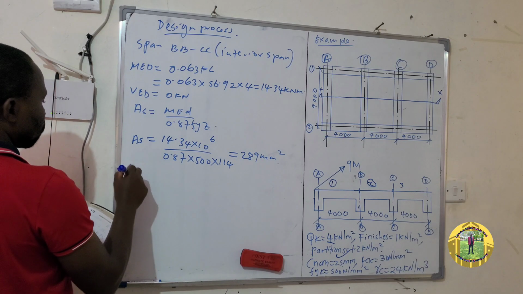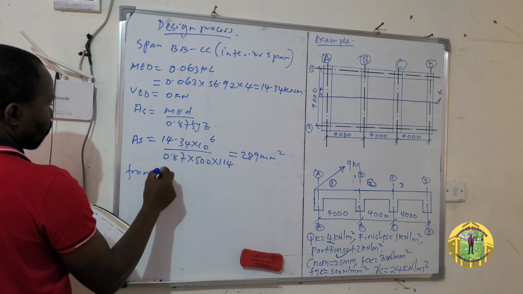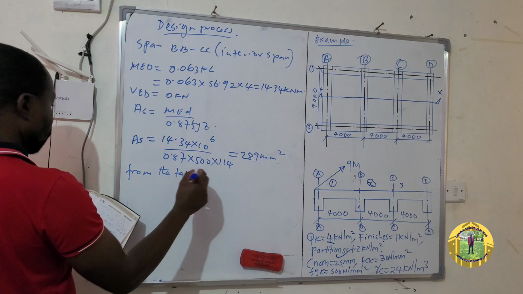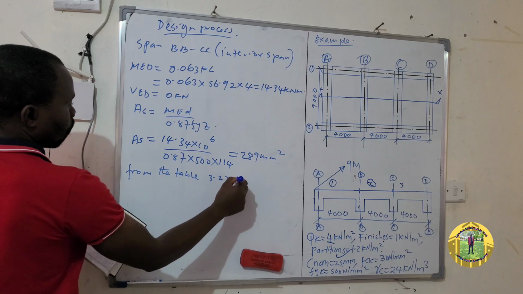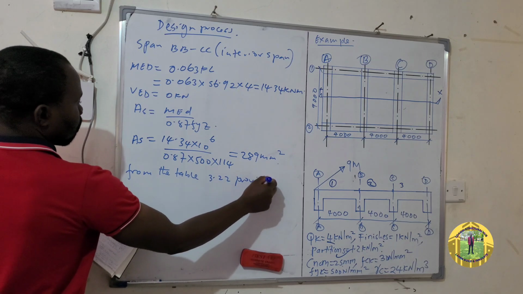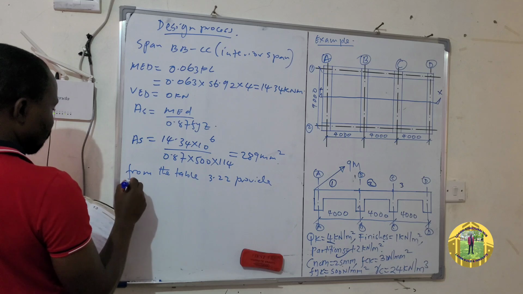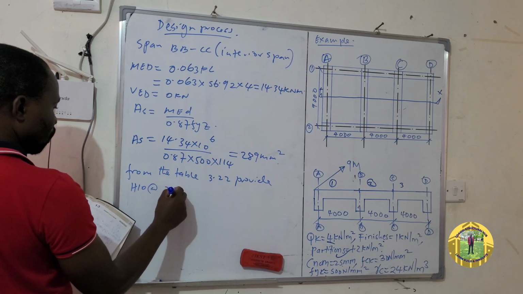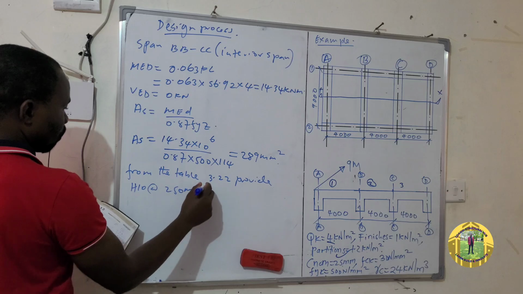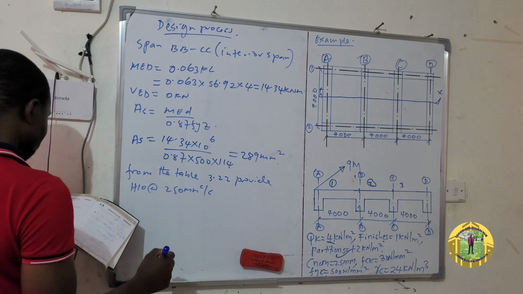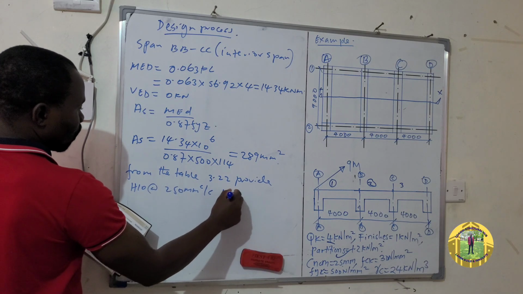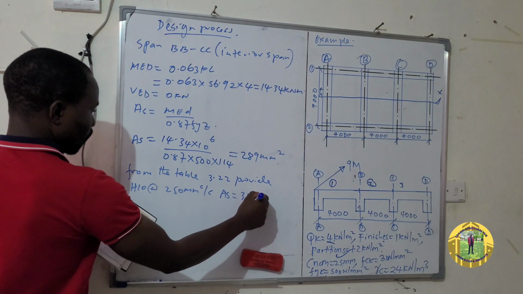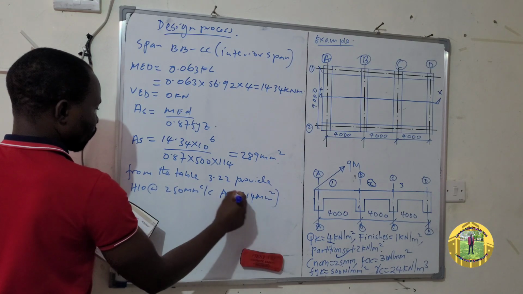Then from the table, provide H10 at 250 millimeter center to center, and the area of steel is equal to 314 millimeter square.